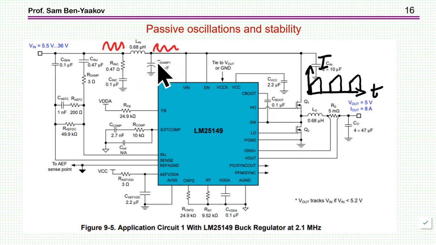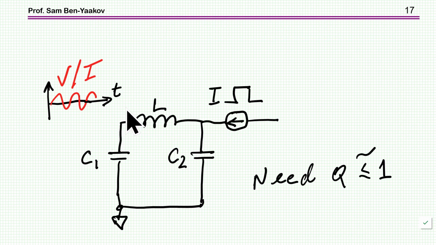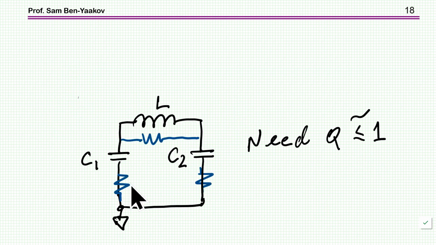It's a high Q, high quality factor network. I'm showing it here: you have a resonant circuit, and if you inject pulses here, it's going to oscillate. So to suppress these oscillations due to these injections, you need to lower the Q, that is, the quality factor. Traditionally, this is done by adding resistors here, or a resistor in parallel to the inductor, or all of them, or a combination of these.